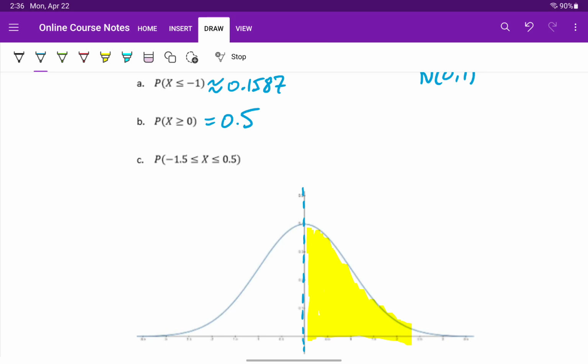In the first two cases, our probability was only bounded on one end, but we can also find shaded regions that are bounded between two different values. So in part C, we want the probability that x is between -1.5 and 0.5. Similar idea, we'll use those as our boundaries, and then we'll find the area of the shaded region between those two ends.